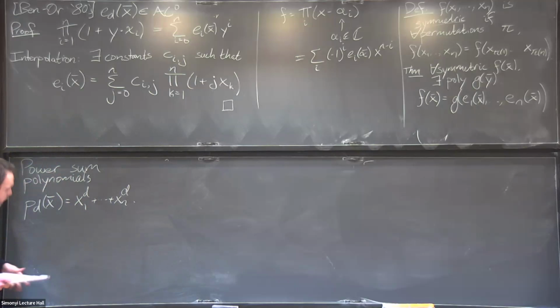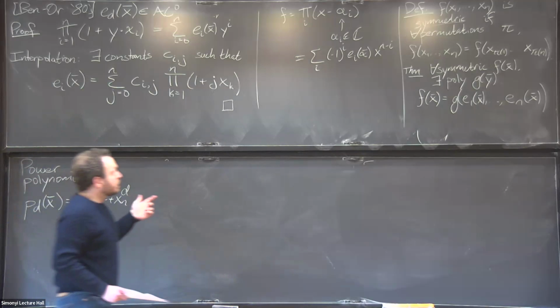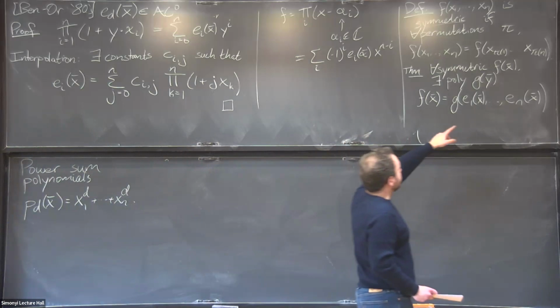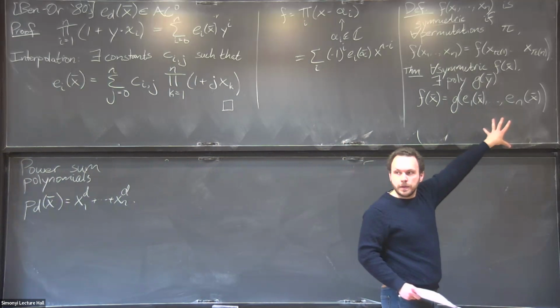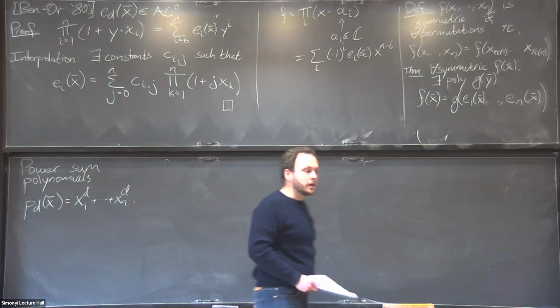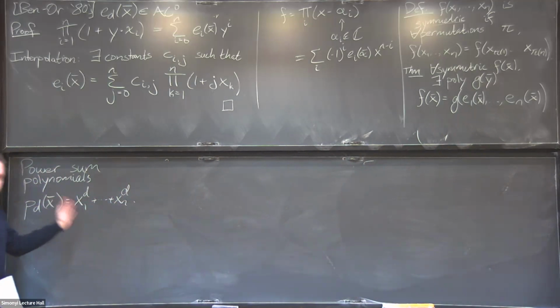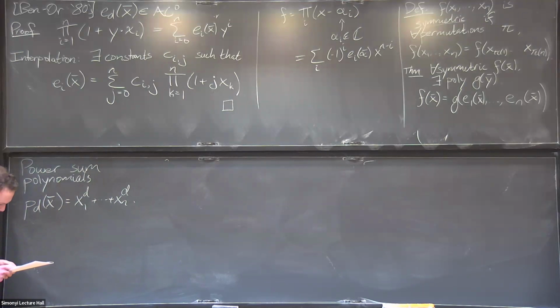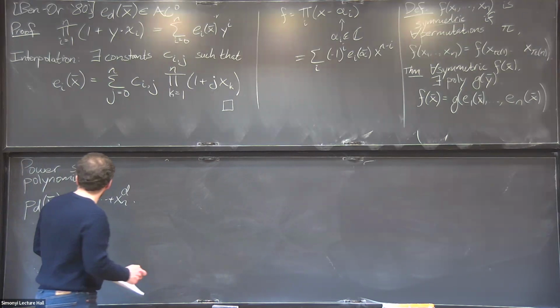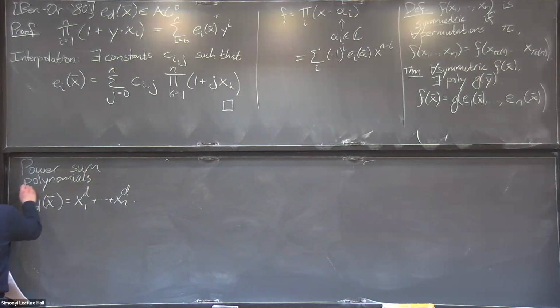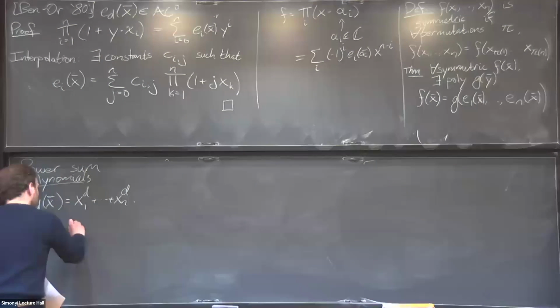Okay. So, in fact, this theorem that says you can generate any symmetric polynomial using one of these two families suggests that you should be able to convert between them. If I give you the elementary symmetrics, you should be able to write the power sums, and the other way around. So how do you do this? There's a collection of identities known as Newton's identities.